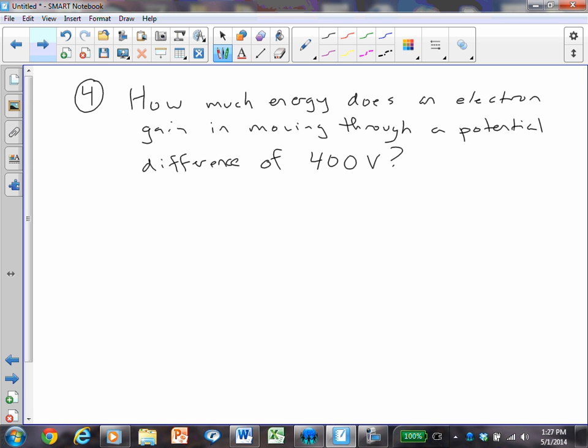We have to get charge separation to create voltage, and an electric field is set up. If you have a voltage, another formula for electric field is voltage separated over a distance.